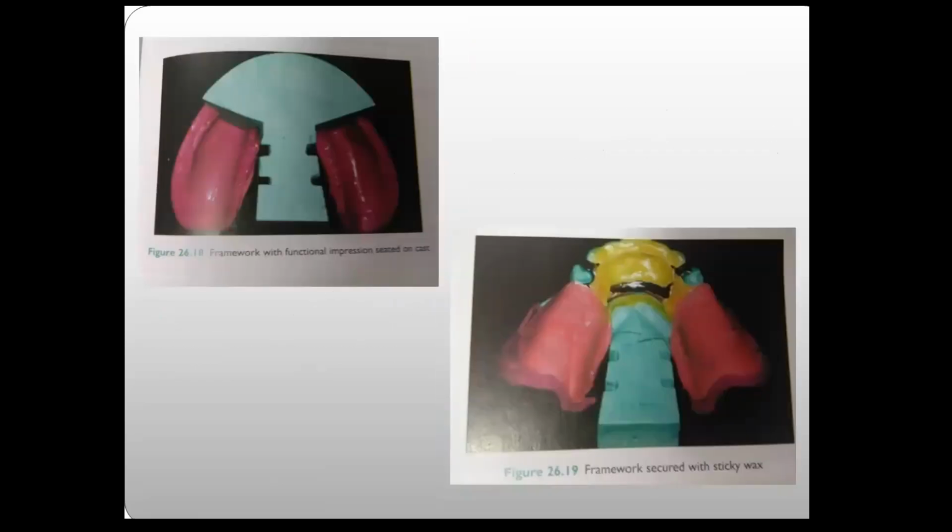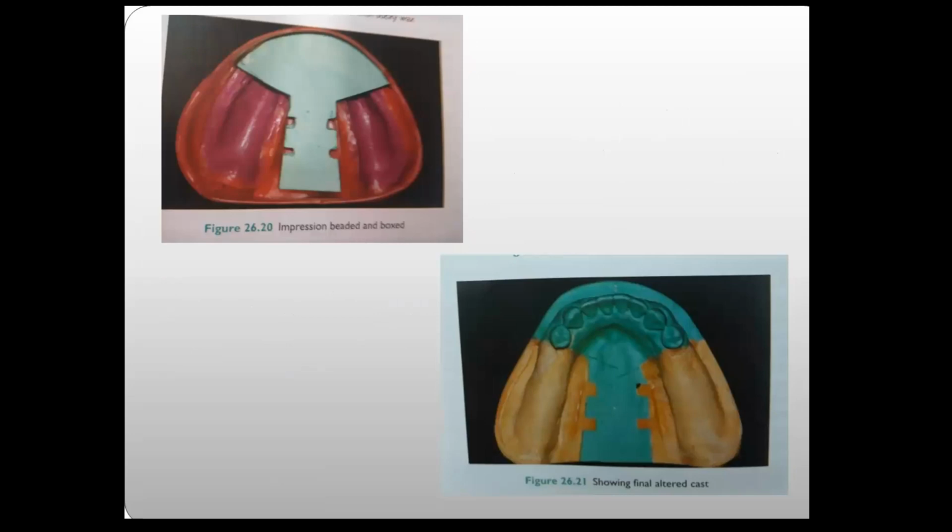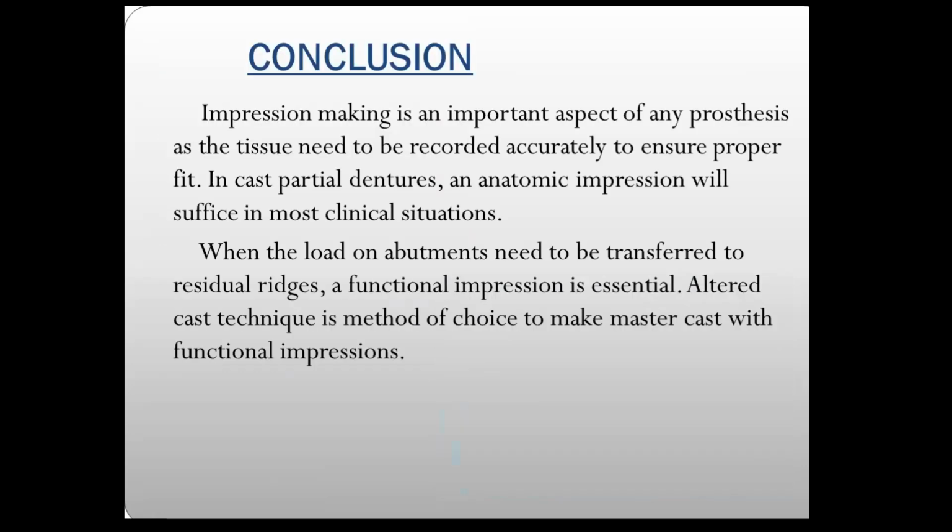After the material is set, we remove the cast and do the rest of the trimming, and the final cast will look like this, where the teeth are recorded with an anatomic impression, and the edentulous area, soft tissue, is recorded with a functional impression. So this is the altered cast technique.